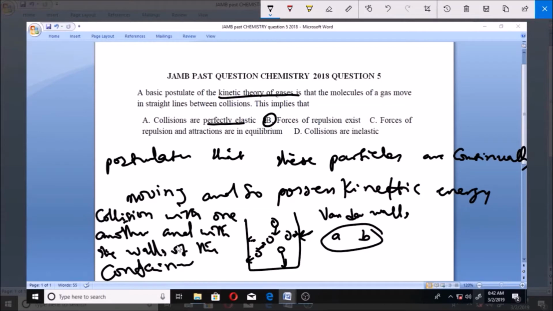And there is always force of repulsion existing. If you check the van der Waals equation, you see where this correction for force of repulsion is taken care of. So B is the accurate answer, but take note of the postulate of the kinetic theory of gases, that the gas particles are in continual motion, and so they possess kinetic energy, and as they are moving, they are colliding with one another and with the walls of the container. Thank you.